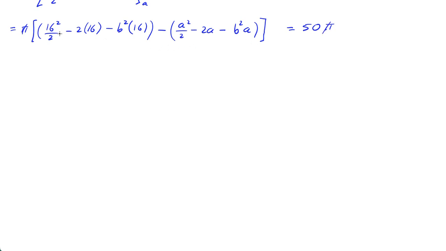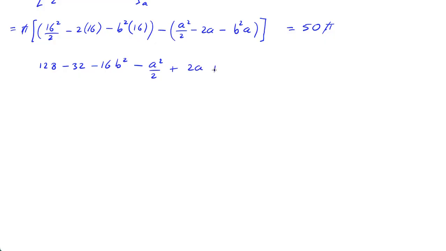Well, guys, actually 16 squared is 256. Divided by 2 is 128. Obviously, use your calculator. 128 minus 32 minus 16b squared. Careful here. This is minus a squared over 2 plus 2a and then plus b squared a.